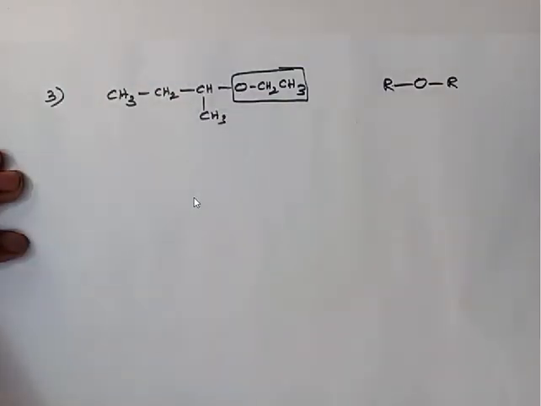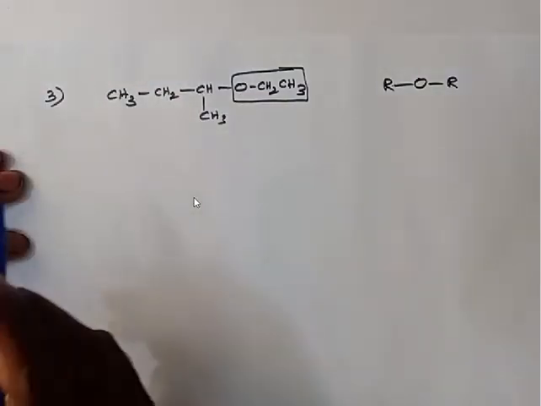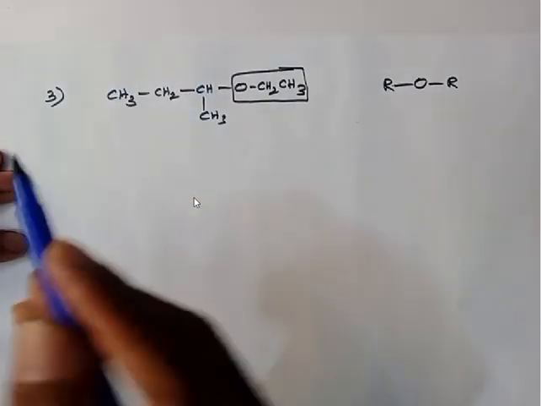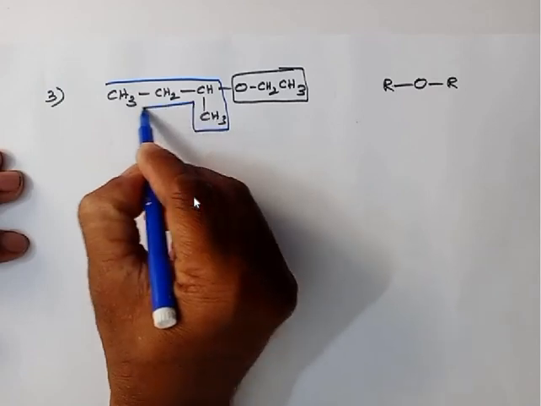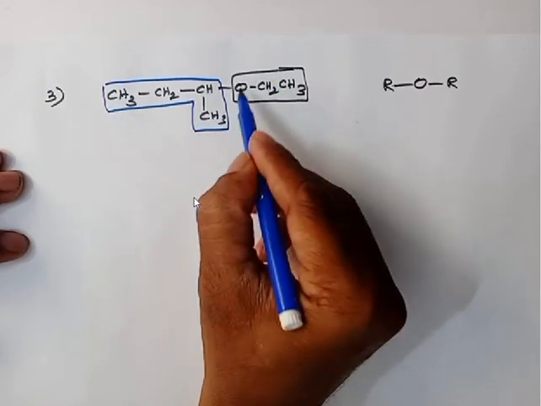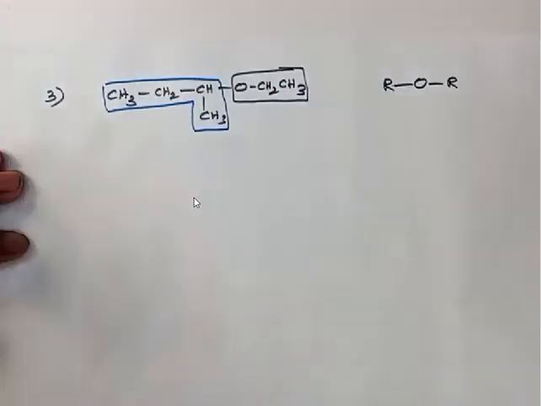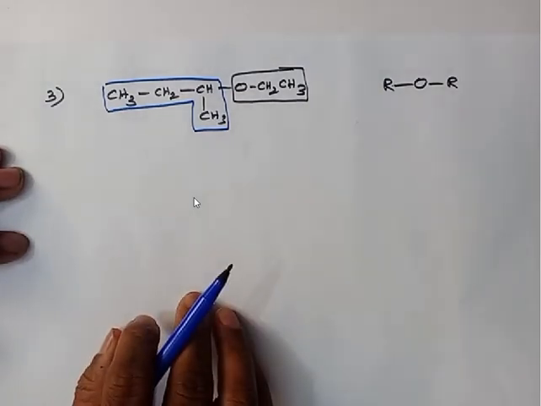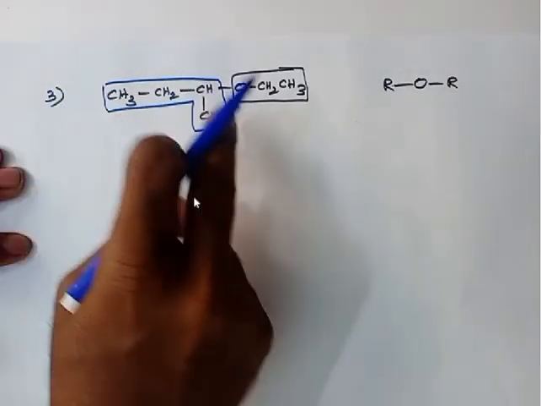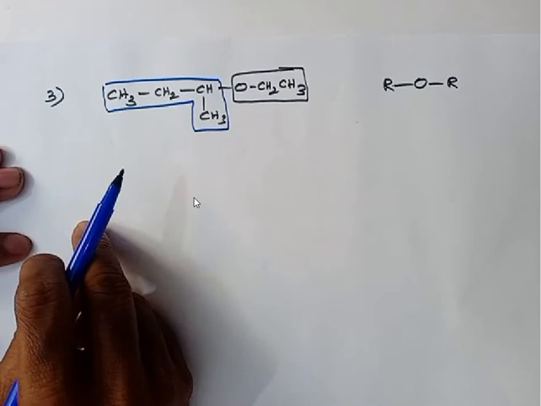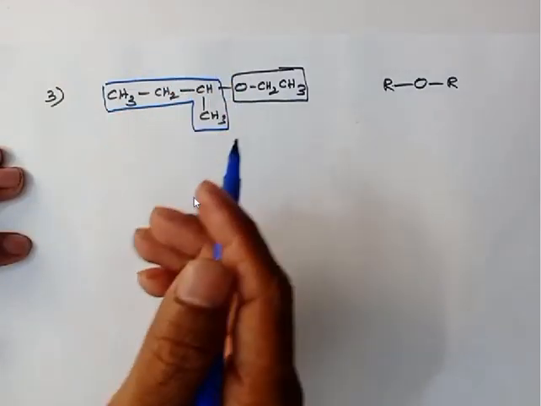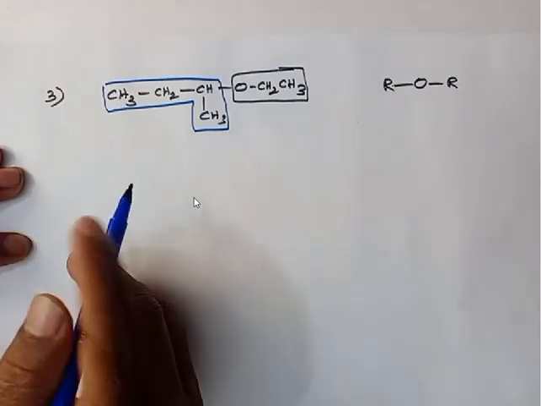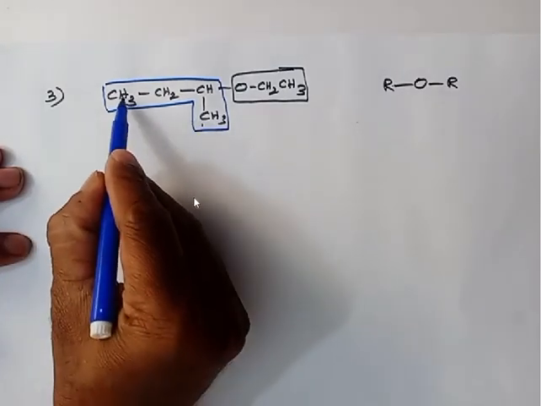And now I am going to fix the longest carbon chain possible in this compound, or the parent chain. The parent chain is this. Always we should treat the alkoxy group as a substituent. Keep that in mind. While giving numbers, you should start from the terminal carbon, from here or from here.